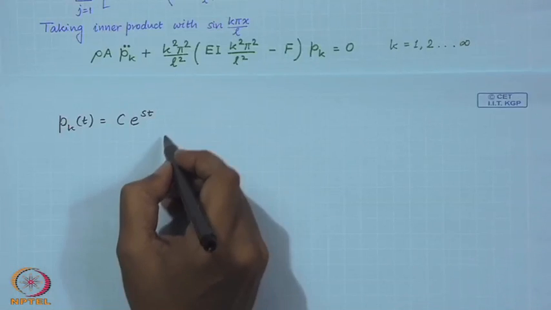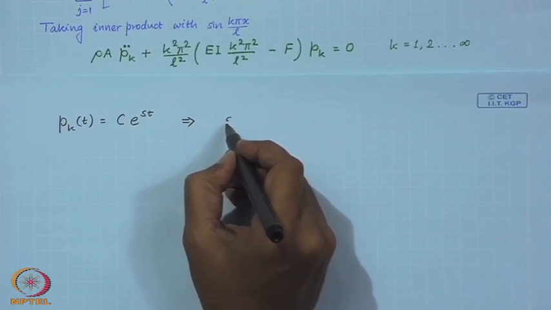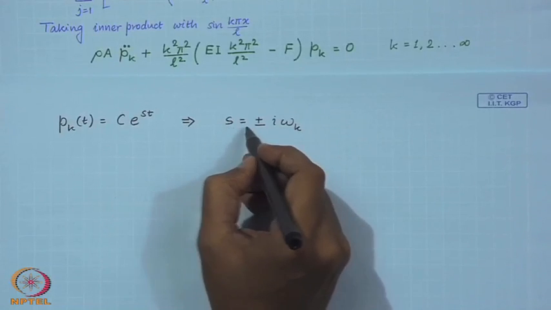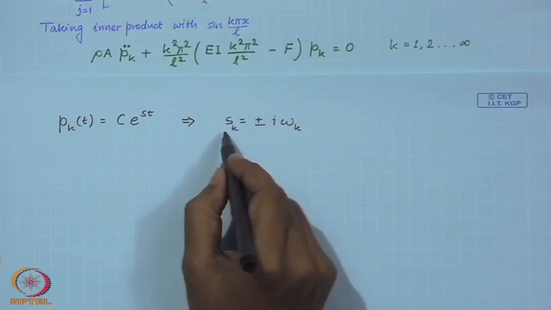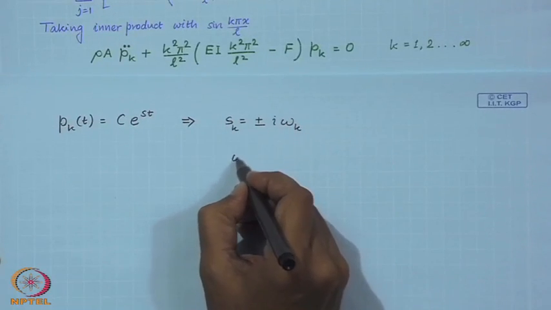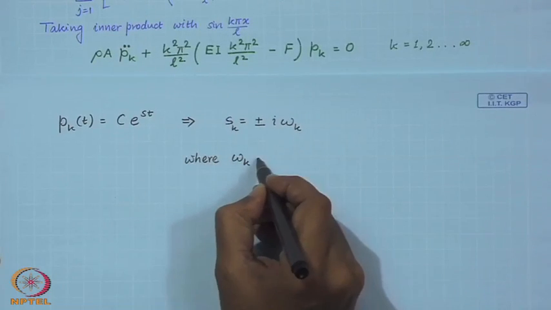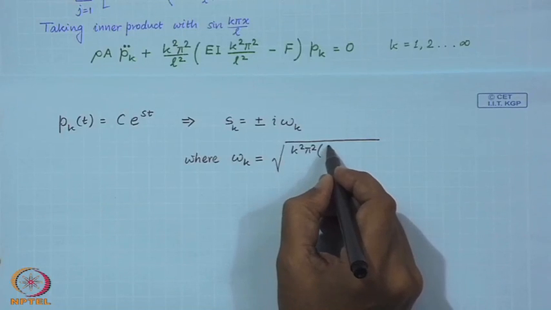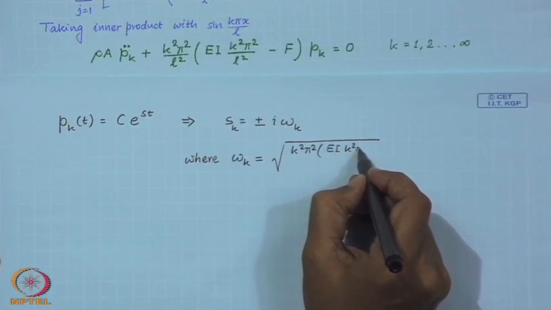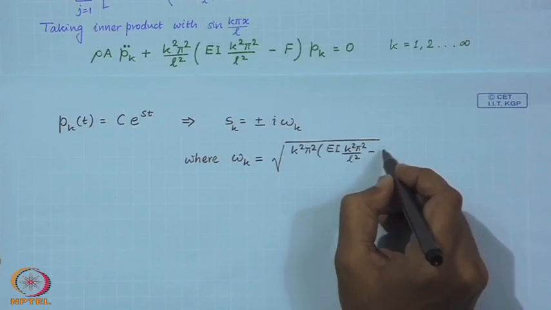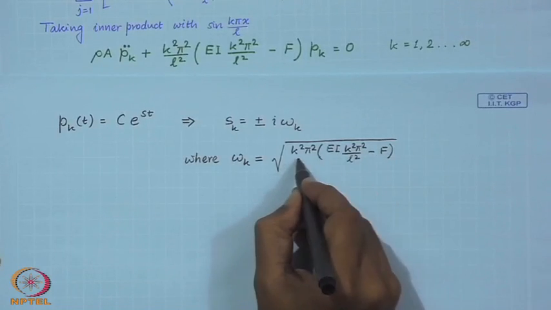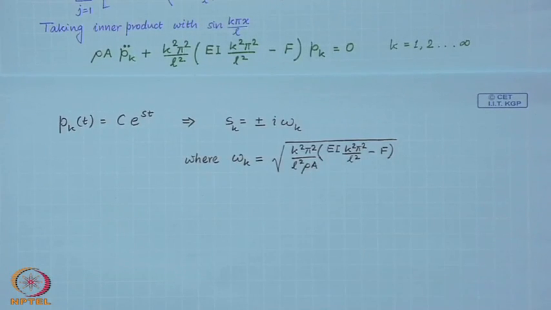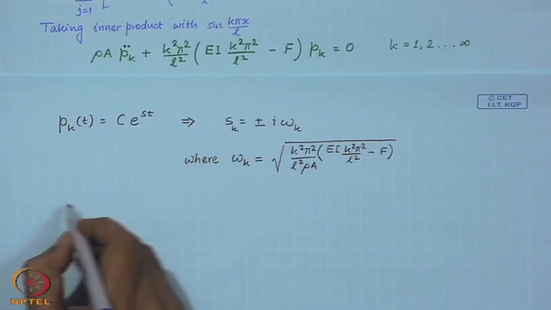If you substitute in here, we will obtain solutions of s in terms of this omega k, where omega k is given by this expression.